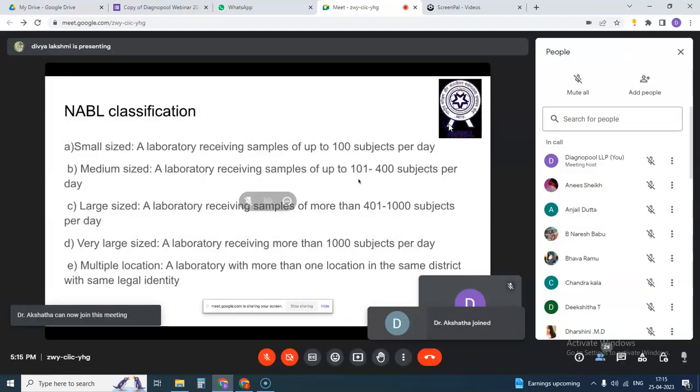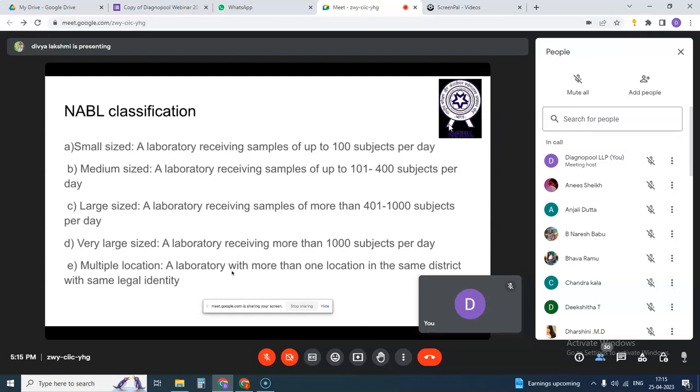A lab receiving 101 to 400 subjects per day is called a medium sized lab. A lab receiving more than 400 up to 1000 subjects is called a large size lab, and if it is more than 1000 subjects it's called a very large size lab. A lab with more than one location in the same district with the same legal identity, we call it a multiple location lab.